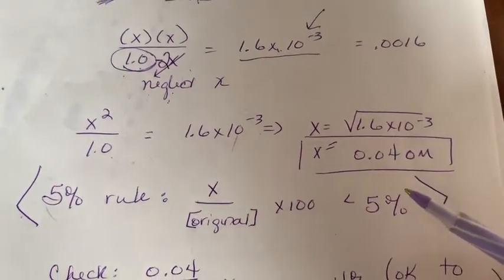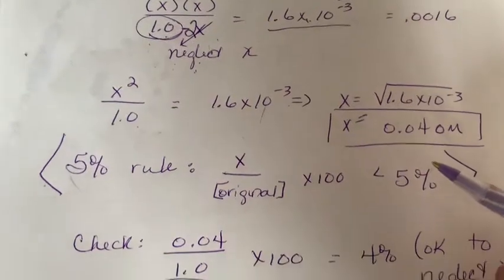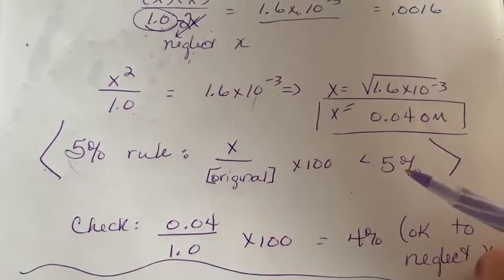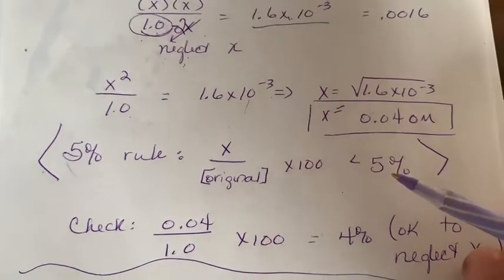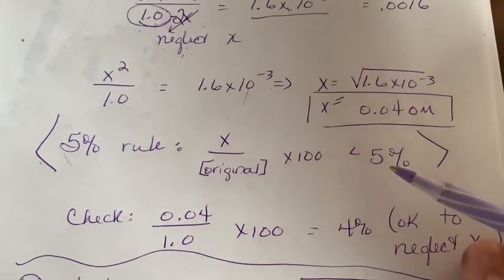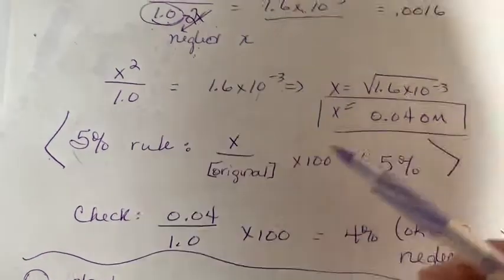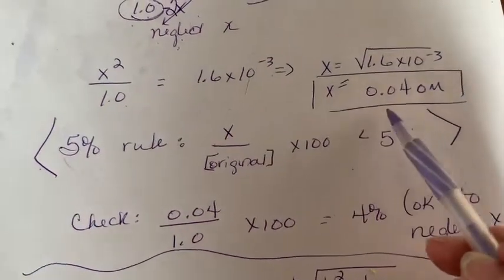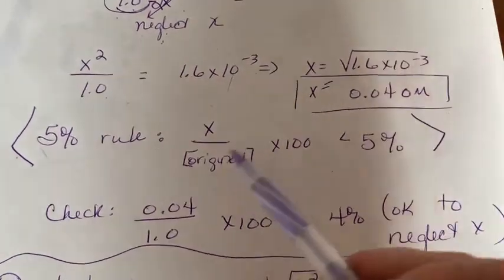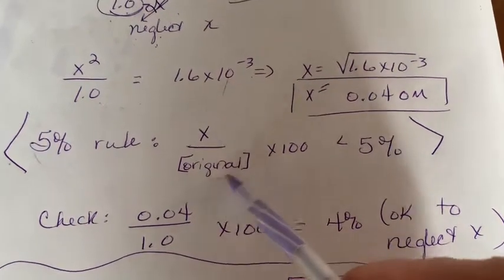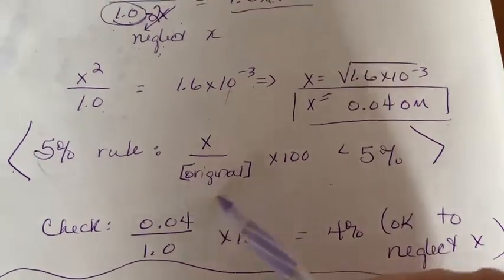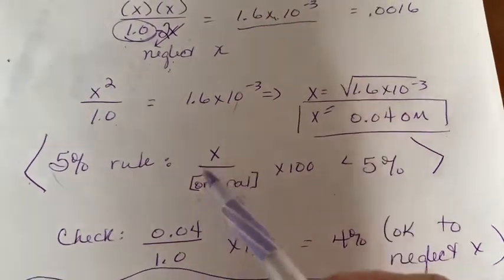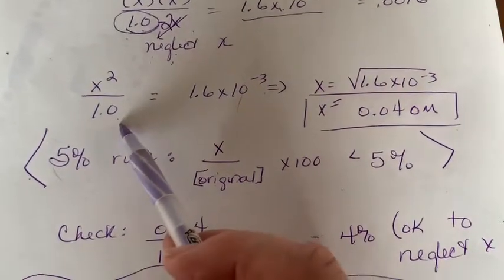How do we know? Let's say we just assume we neglect x. How do you know if it's okay to neglect x? Again, I'm not going to ask you this on my test, but your final exam will have it. It's called the 5% rule. Basically, take the ratio of whatever you got for x divided by the original concentration you're subtracting it from, which in this case was 1 molar.